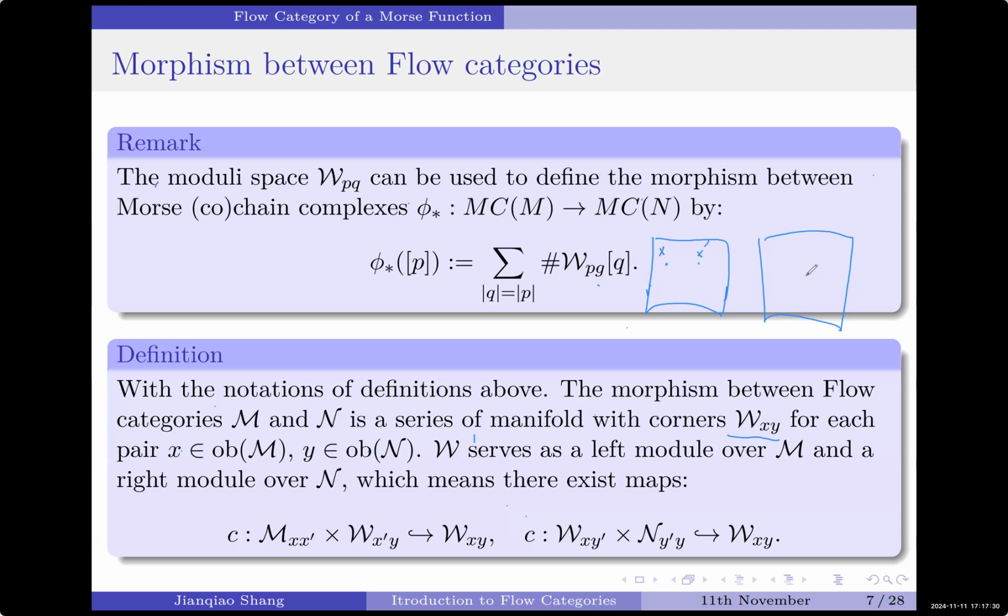X prime, Y. I claim that the trajectories in W_XY may be broken into these two parts when the trajectory is very close to X prime.